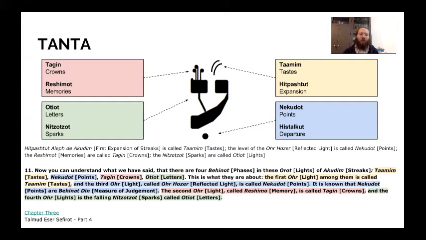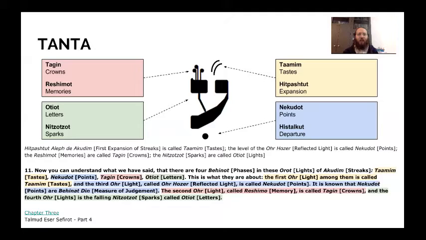Then when he goes to read from the actual scroll, which doesn't have them, he reads the words with the right musical pronunciation because he's memorized it from the book he worked with beforehand. These different musical signals define the flow of how the reader reads the Torah portion.